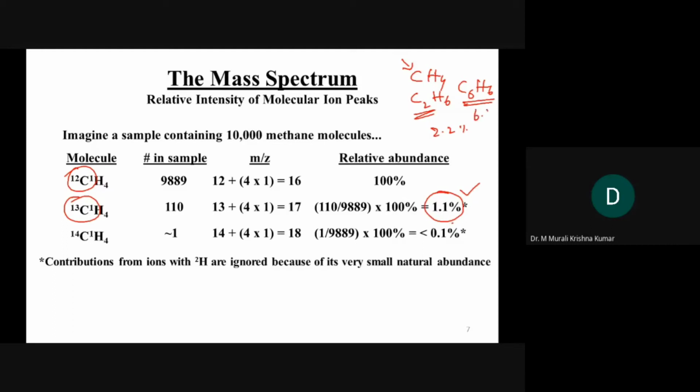It will be 6.6%. So if you observe in the mass spec, M plus gives you the molecular ion.